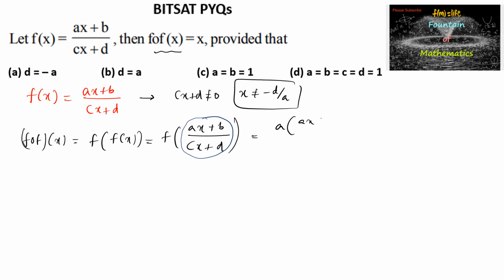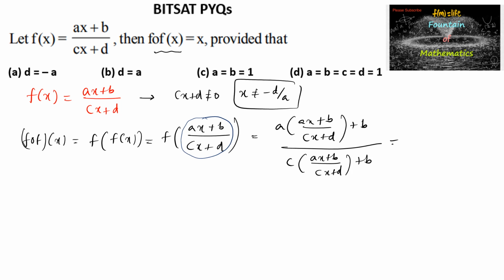So we can write a into ax plus b upon cx plus d plus b, upon c times ax plus b upon cx plus d plus d. On simplifying, we can write a square x plus ab plus b times cx plus d, divided by c times ax plus b plus d times cx plus d.